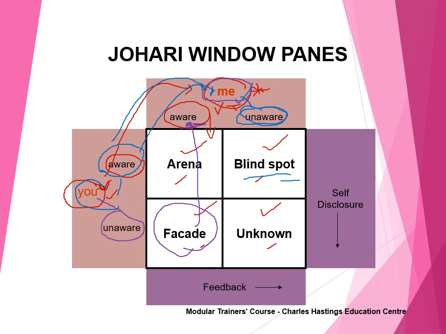So facet here is the opposite of blind spot. Situasi yang berlawanan dengan blind spot. So it is a situation where me, saya, aware about me. Saya tahu sesuatu tentang diri saya, but you do not know about me. Okay, you ni dia tak tahu tentang me, tapi me ni dia tahu tentang diri dia.